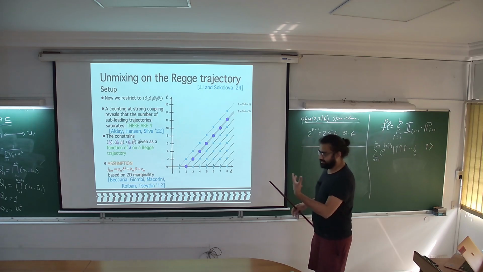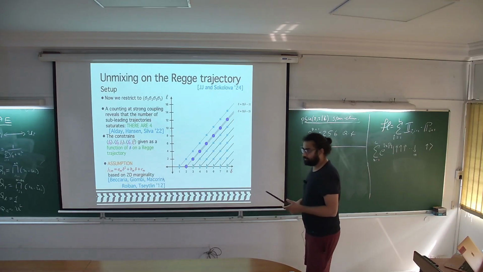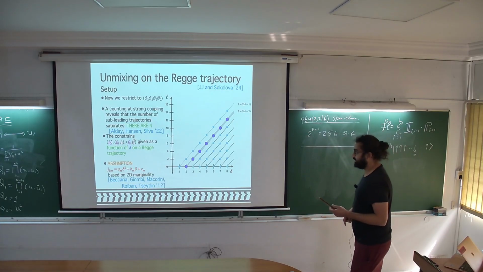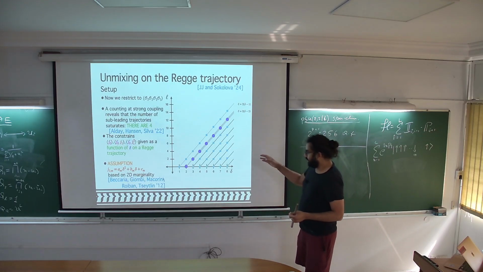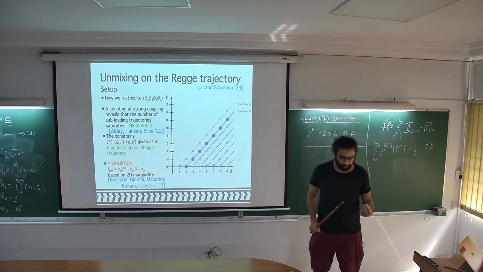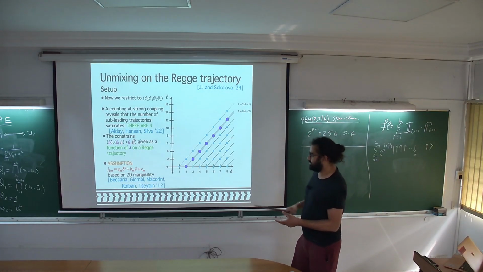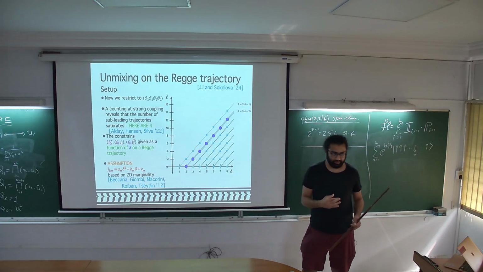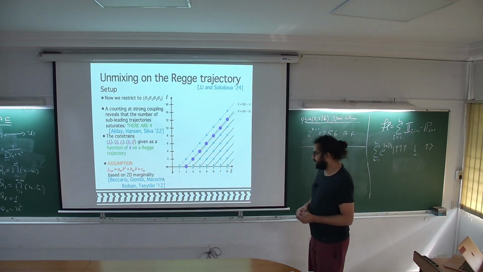But nevertheless, the procedure seems to be possible to undertake. So we restrict to O2, O2, O2, O2, and then we again consult our friends in Oxford. They did this counting thing which I was explaining with the SO(9)s and branching. And what they noticed was the following.